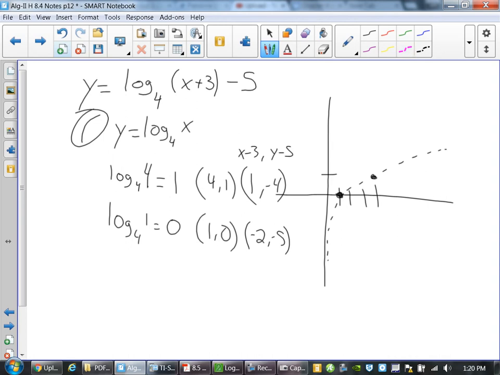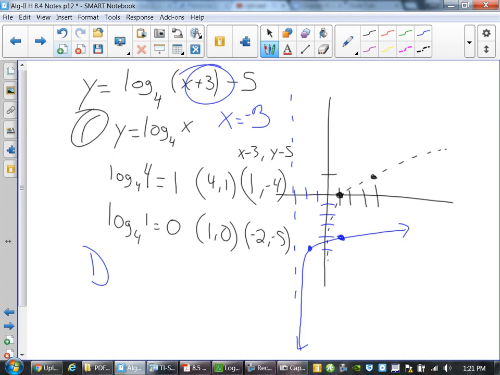So we plot those. 1, -4. -2, and -5. And then I have an asymptote at -3. So here's my final graph. Which means my domain is the set of x that are greater than -3. And my range is all real numbers.